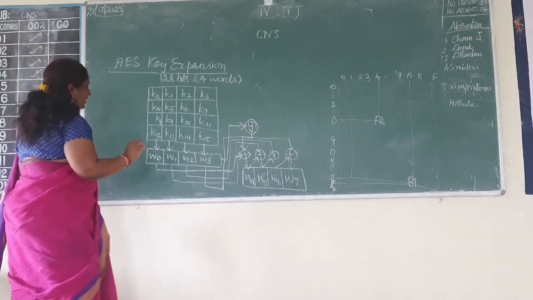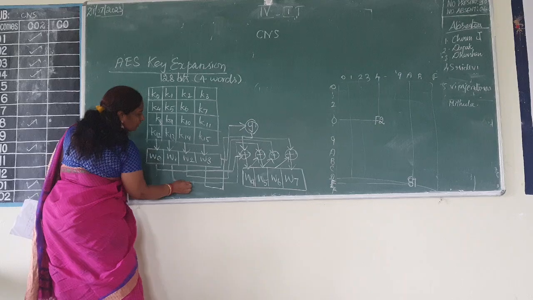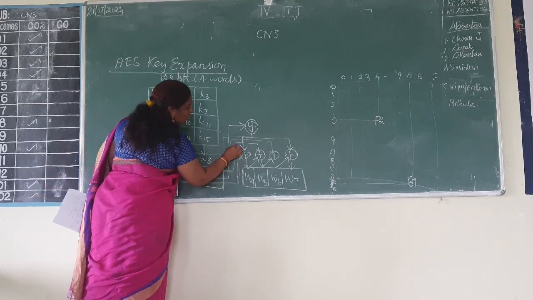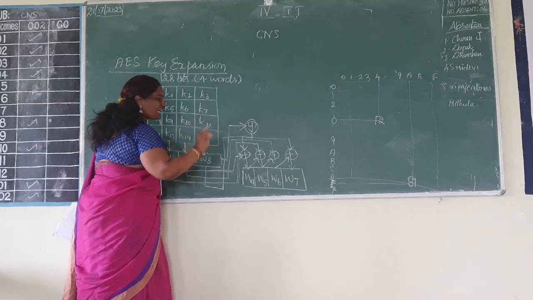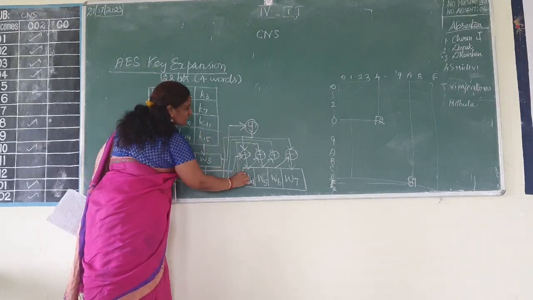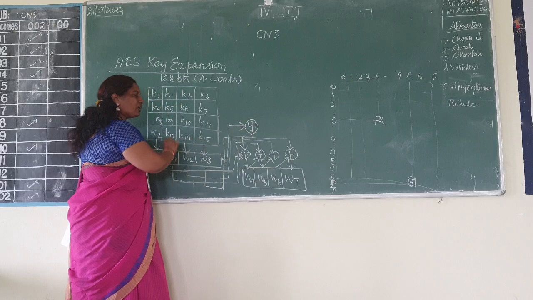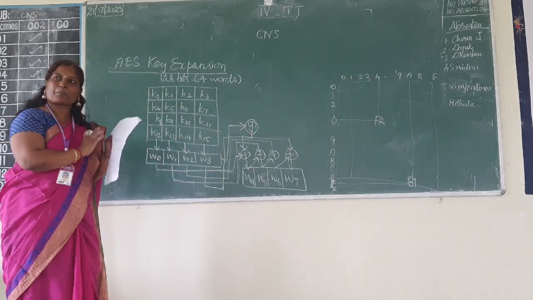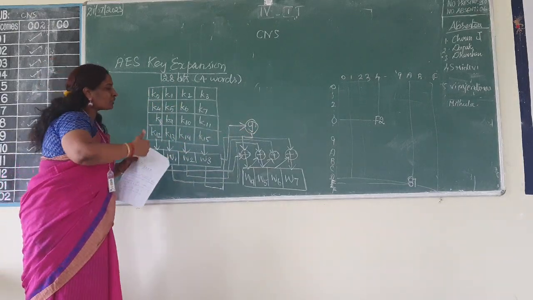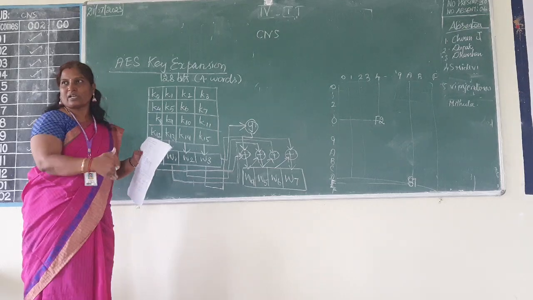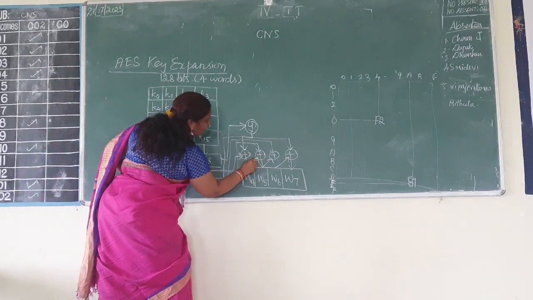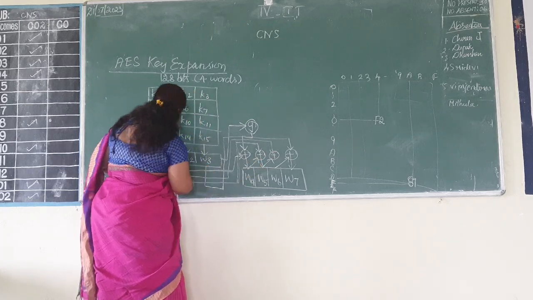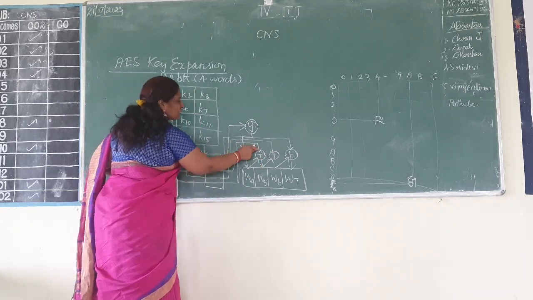Similarly, W1 is processed through XOR operation. Please remember, only W4 is generated with the help of G. G has already given processed data to the XOR for W4. Now this W4 will be one input for XOR and W1 will be the other input.